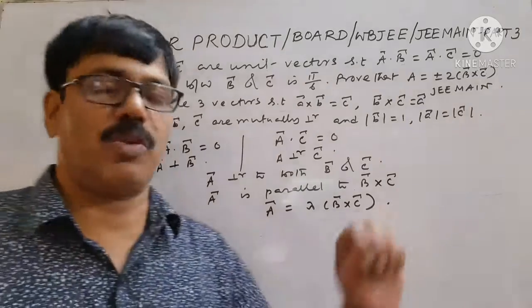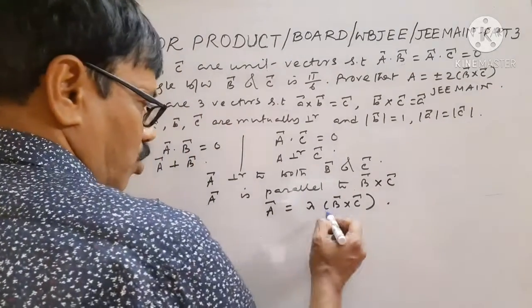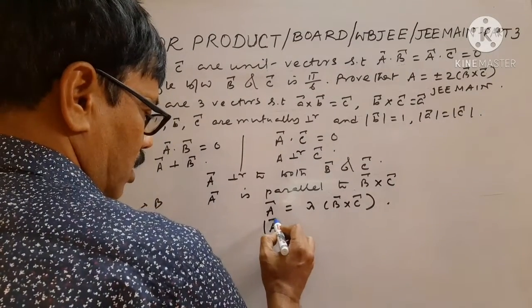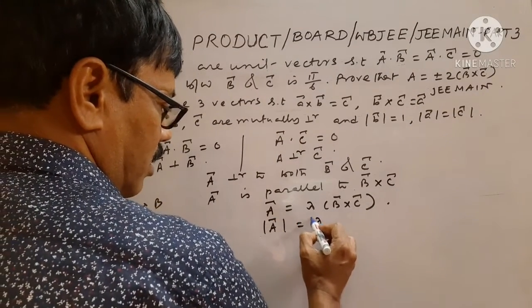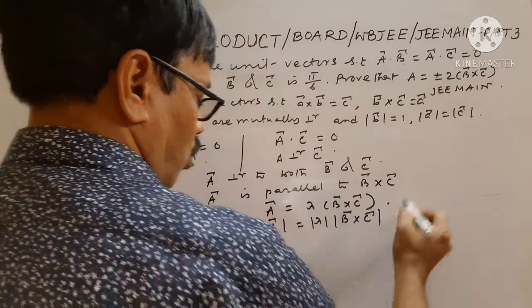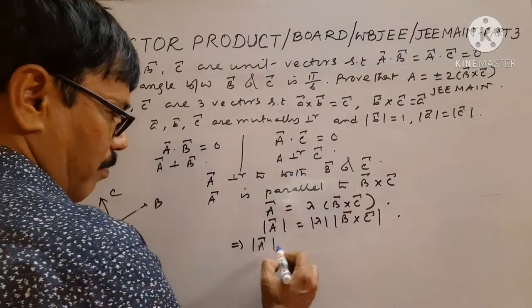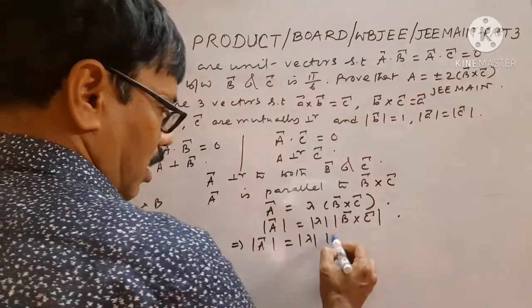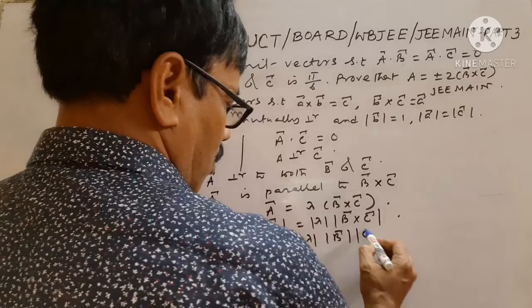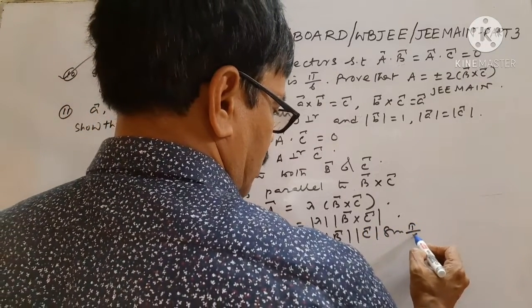So A equals to lambda into B cross C. Now use the definition of cross product. Now to avoid unit vector, take modulus. So this is mod A equals mod lambda, mod B, mod C, sine of the angle between them, which is pi by 6.